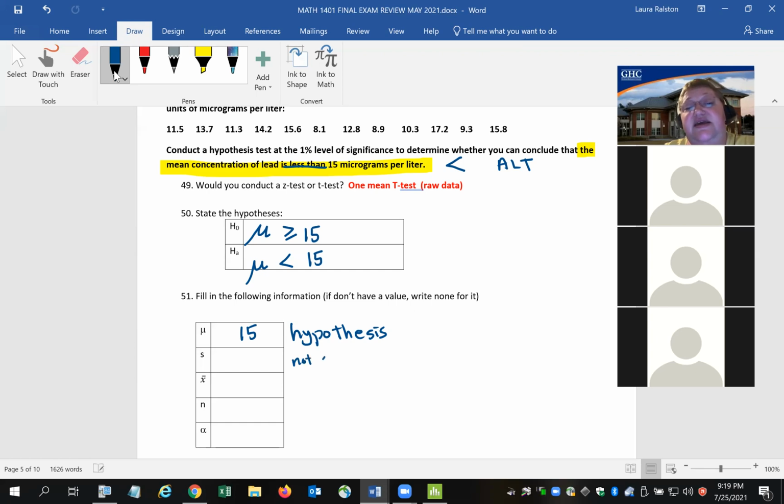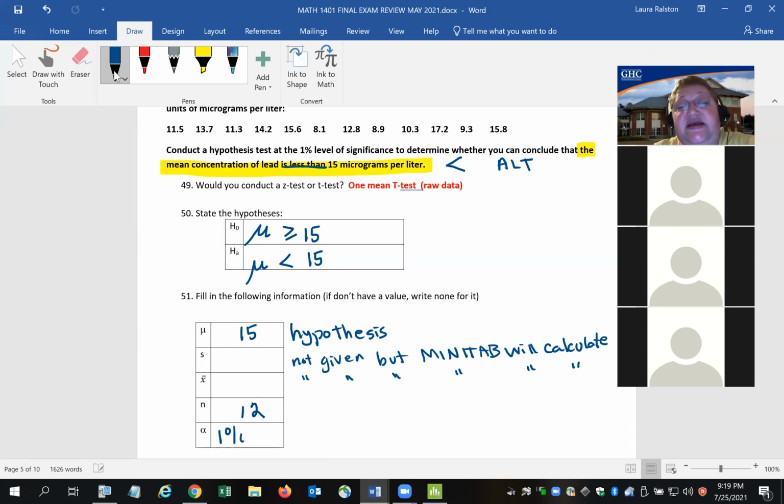So this is not given, but Minitab will calculate. Same thing with the sample mean. I have the raw data. So the sample mean's not given, but when I tell Minitab the raw data, it's going to calculate that for me. It did tell me that I had 12 data values, and it tells me to use 1% level of significance.